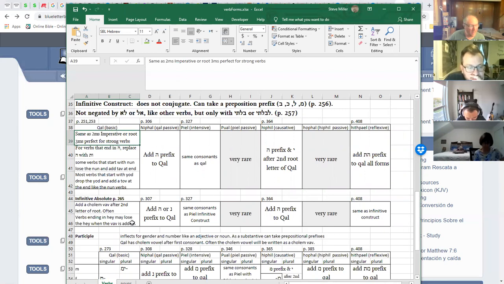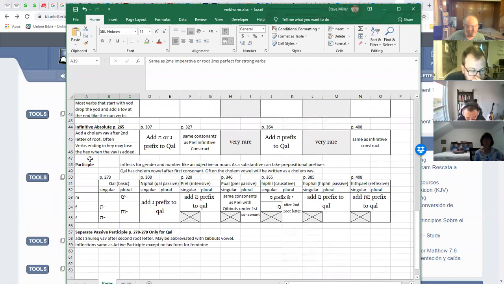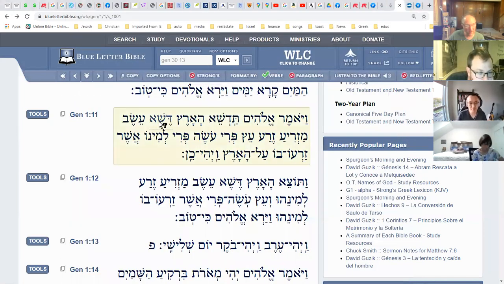And then the other one here is the participle. It could also be a masculine singular participle. So this could mean something like grass, growing. This was bringing forth, but yeah, let's just see what it means.